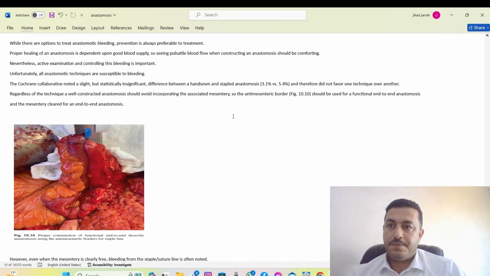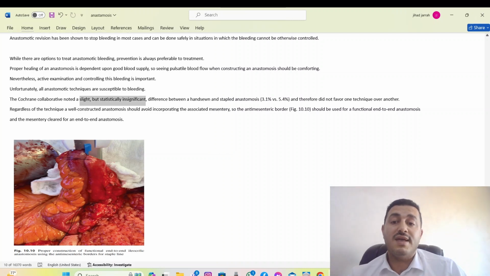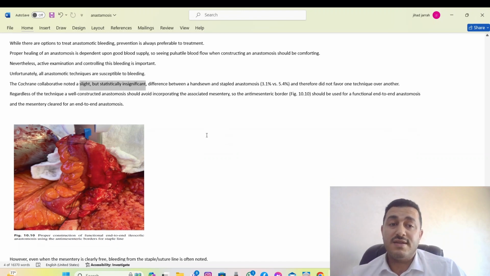Okay, does the technique for anastomotic construction affect the bleeding? As we said previously, it is not statistically significant, but with a stapler there is a slight but not statistically significant increase in the bleeding risk, but that does not mean that hand-sewn is preferred.